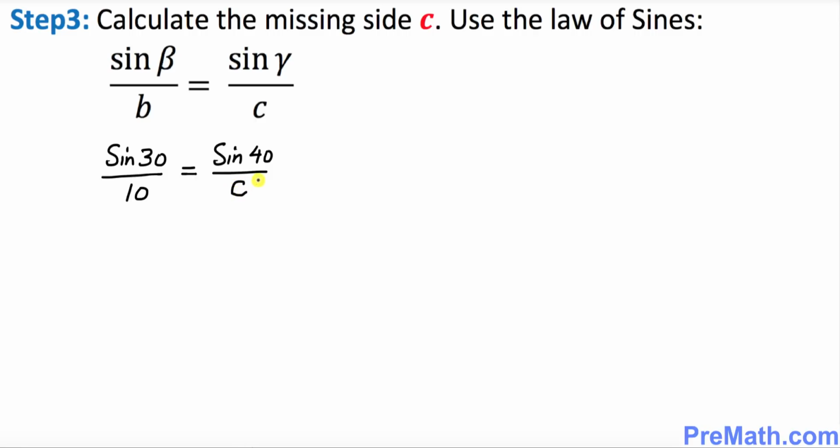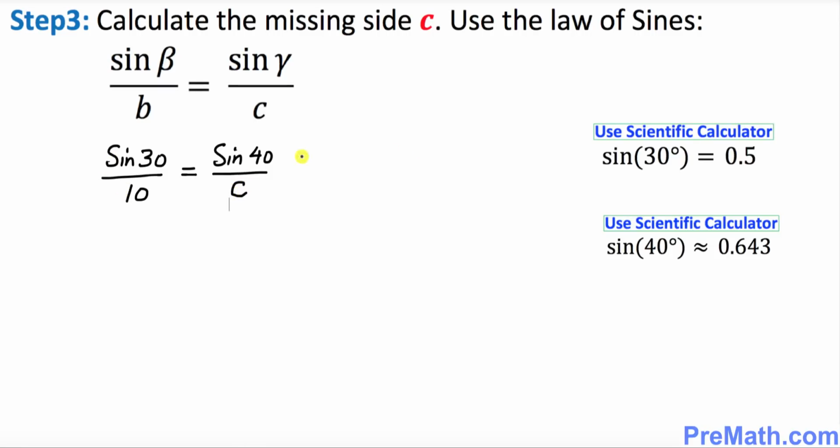Using a scientific calculator, sine of 30 is 0.5 divided by 10, equals sine of 40 degrees, which is approximately 0.643, divided by C, which is unknown.